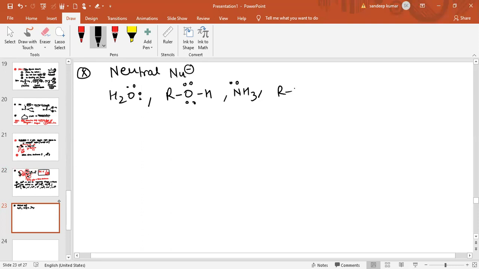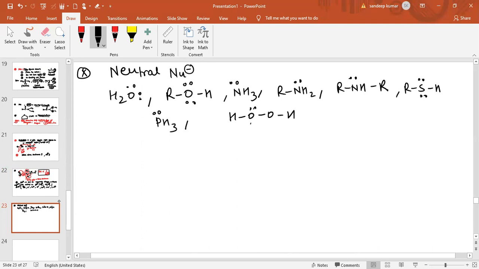Like RNH2, again on nitrogen there is lone pair. RNHR, again there is lone pair on nitrogen. Like RSH, again there is lone pair on sulfur. Like PR3, again there is lone pair on phosphorus. Like H2O2. So these all are basically neutral nucleophiles because they are electron rich.